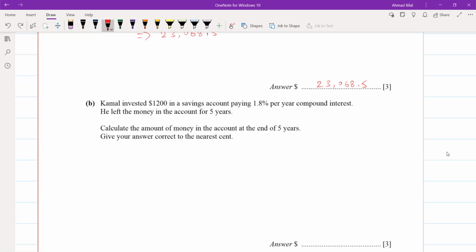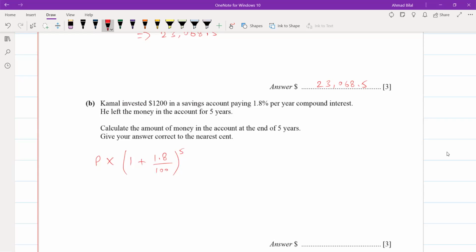Okay, so remember the formula we used to have for that. Whatever is our principal amount, the principal amount we have, we will multiply it by 1 plus this percentage, 1.8 divided by 100, and raised to the power n, which is 5, right?